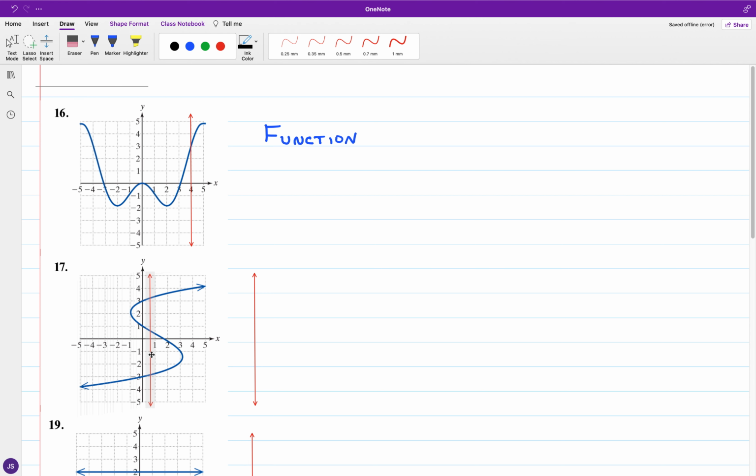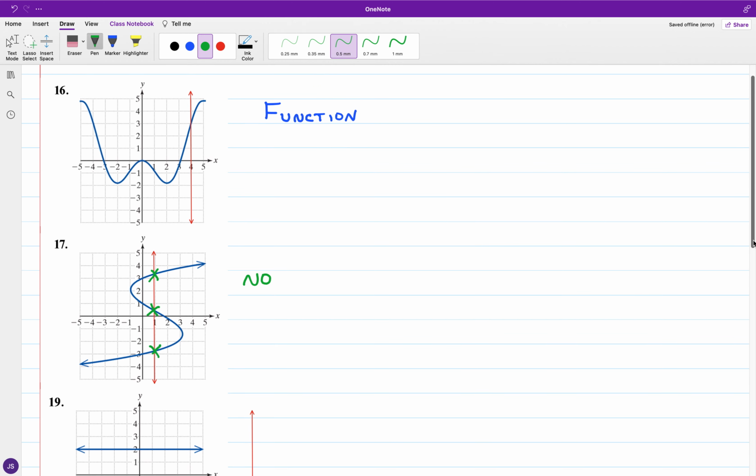If you notice, say on x is equal to 1, we have something like 1/2, as well as -2.8, and 3.3. You have on the same x more than 1 point of intersection between the graph and the vertical line. So in this case, that is not a function.